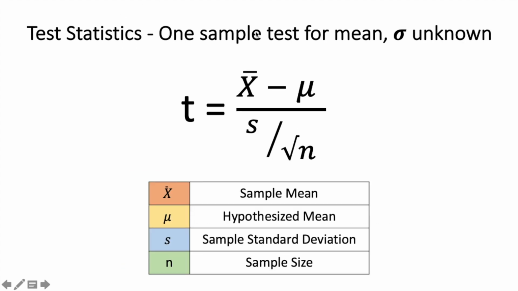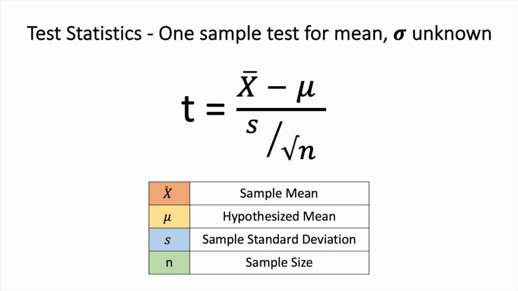For one sample test for mean, sigma unknown, you do not know the population standard deviation, so we will use a t-test. t equals the sample mean minus the hypothesized mean, divided by the sample standard deviation divided by the square root of the sample size. So these are the two tests we have.